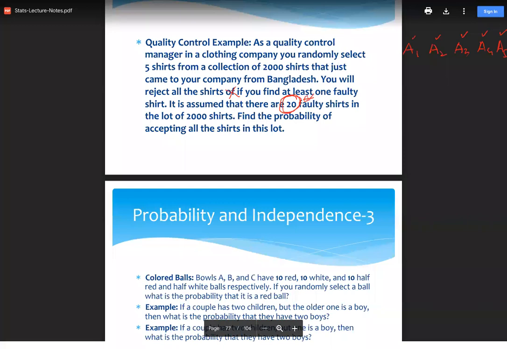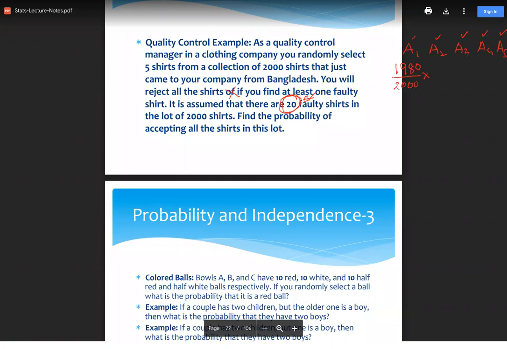That means how many are good? From experience, you know that in a supply of 2000 t-shirts, about 20 shirts are bad. So how many of them are good? 1980. 1980 of them are good, right? So your probability of selecting a good shirt is 1980 out of what? 2000.